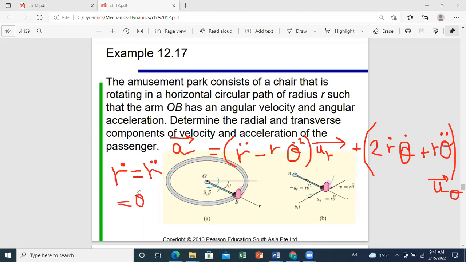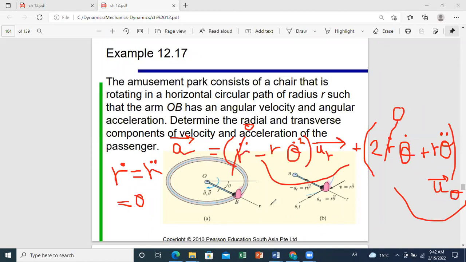So we can start to do some simplifications. This term will cancel out. And also this one will cancel out. And we'll end up with two components, the radial one and the transverse one. And let us make the analysis to see how it's exactly giving us the same result as normal tangential coordinates.